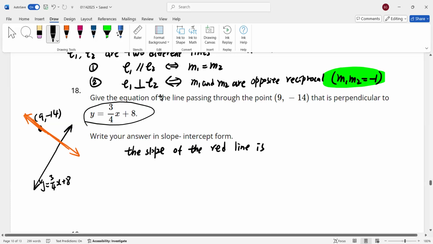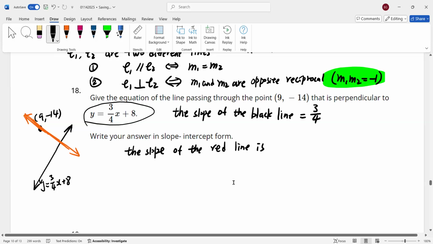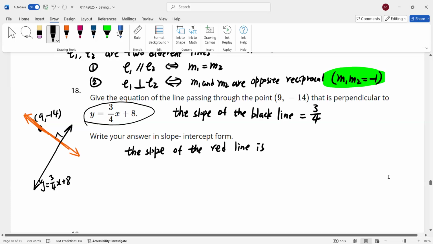You're right. The slope of the black line is 3/4. That's awesome. And what about the slope of the red straight line? They are perpendicular. Remember opposite reciprocal? -4/3.